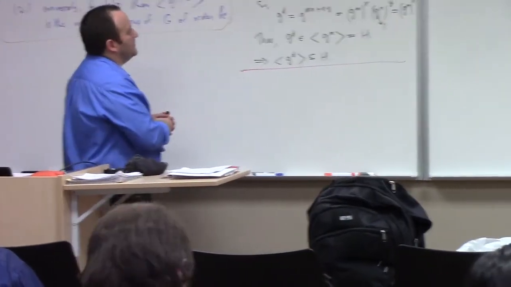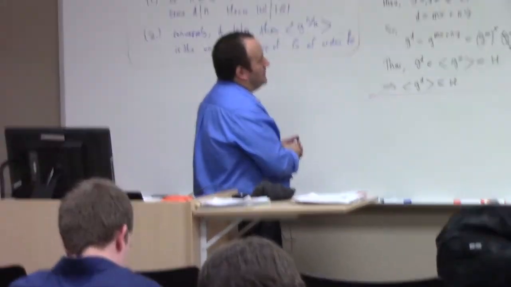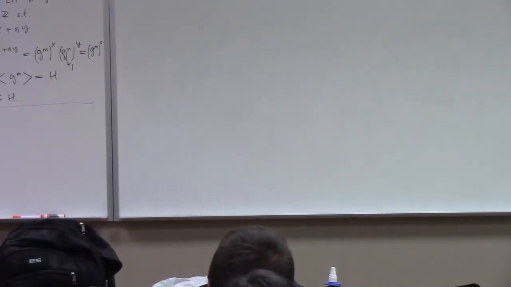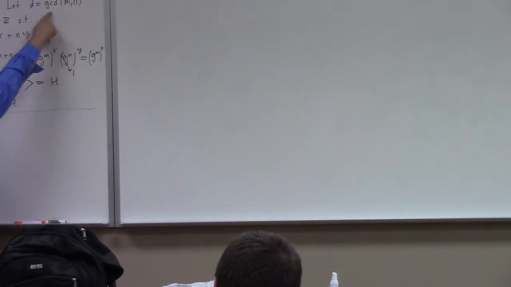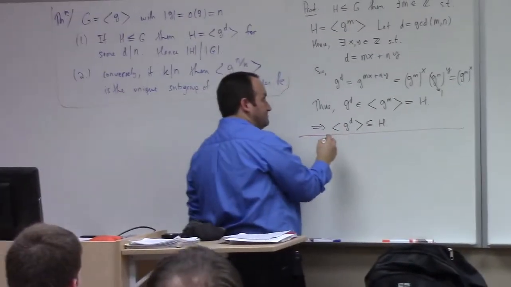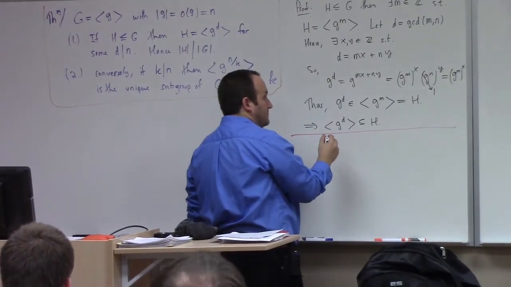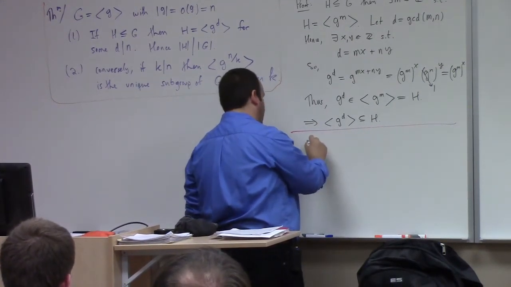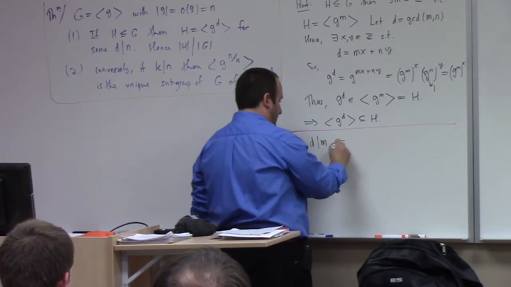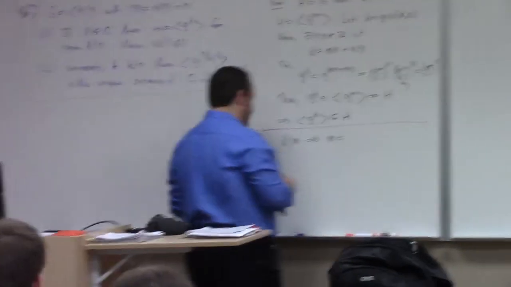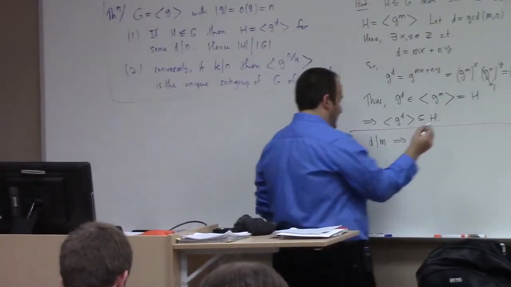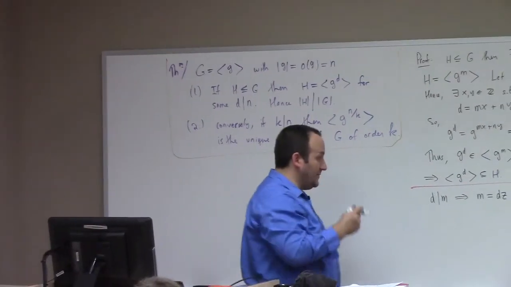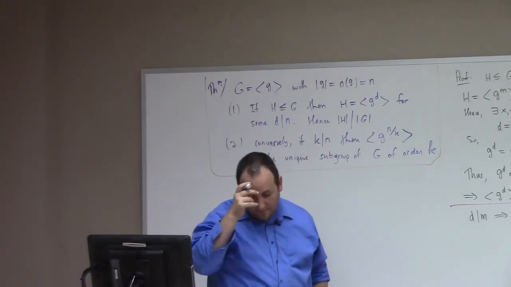Let's see here. So D is the GCD of M and N. What's that mean? Yeah, D divides M. Thank you. Which means what? M equals to DZ? Sure, why not? So if M, then what?